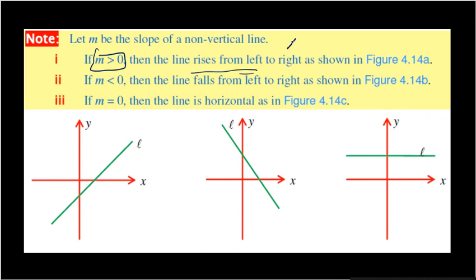That means up right, down left. In this case, as you see, the line goes up right and down left. If the slope is negative, the line goes up left and down right. And finally, if the slope is 0, the line will be horizontal. But if the slope is undefined or there is no slope, the line is going to be a vertical line. So these are the cases to find equation of line.